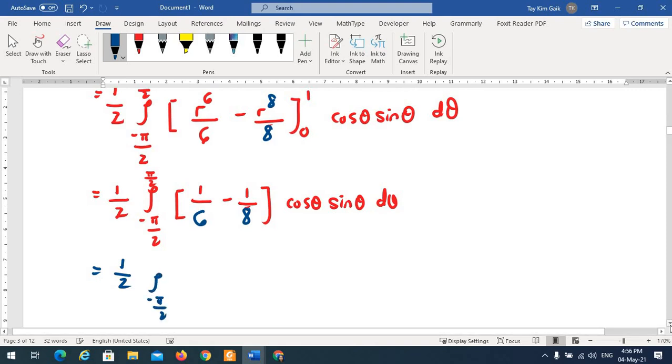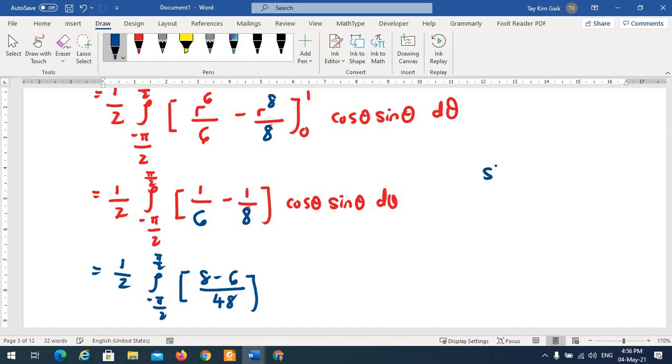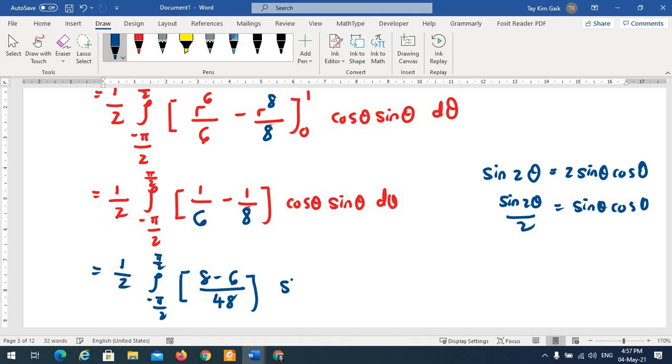Negative pi over 2, positive pi over 2. So this will be 8 minus 6 divided by 48. Okay, cos theta sin theta, you can change it to sin 2 theta. It's a 2 sin theta cos theta. So you can change it to sin 2 theta over 2. So cos theta sin theta, we change it to sin 2 theta divided by 2.